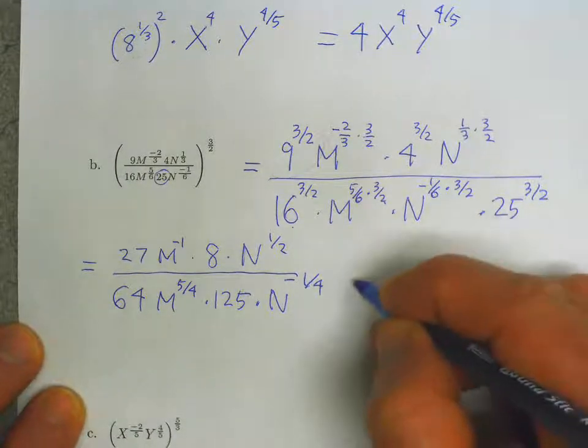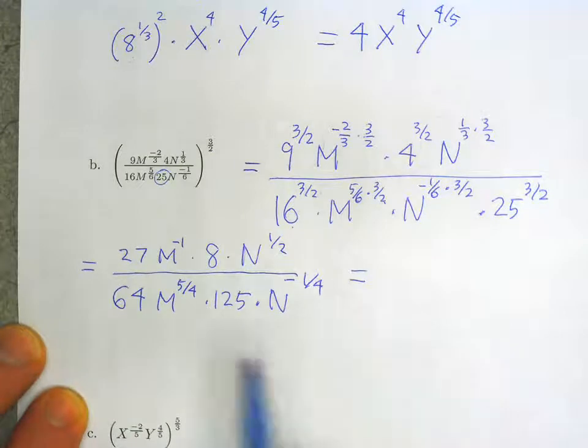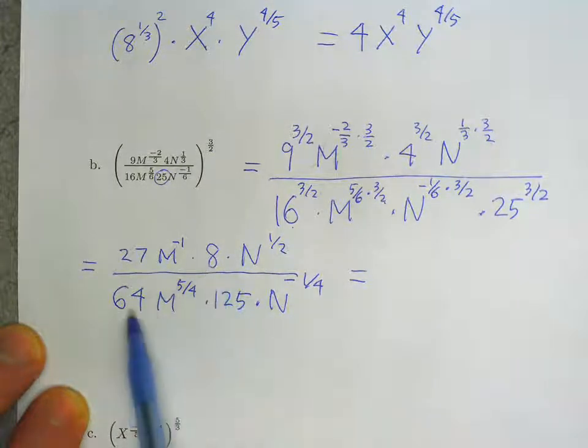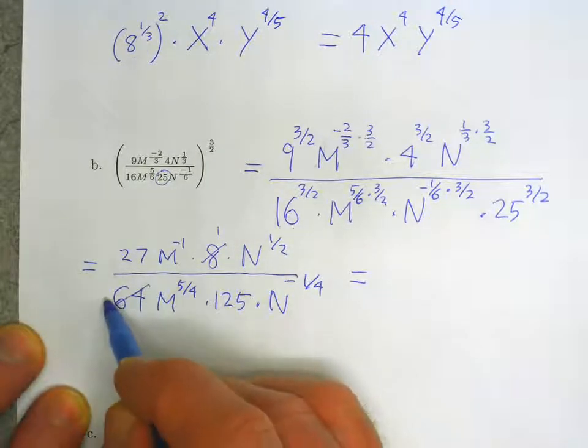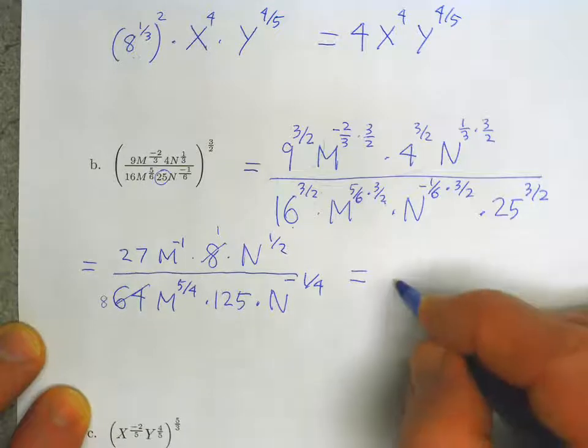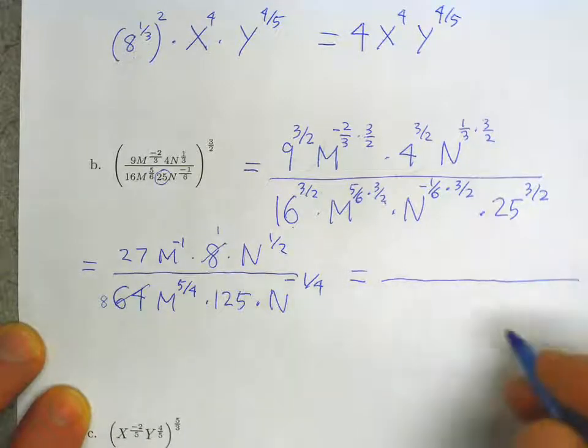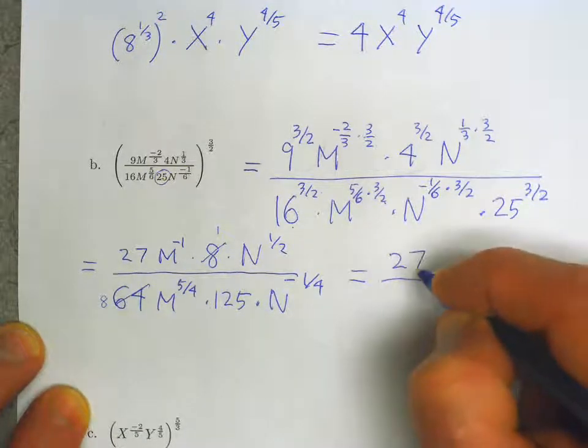Okay, so let's take it one step further. Notice the 8 divided by 64. This cancels and this becomes 8. So we can rewrite the numerator with a factor of 27 in it.